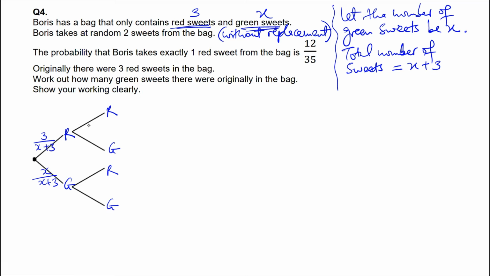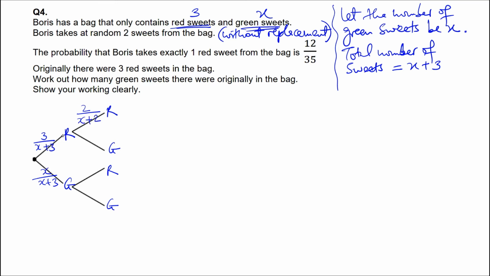The probability of the second one being red, given that the first one was red, remember this is without replacement, will be 2 over x plus 2, because the number of reds has reduced by 1 and the total number of sweets has also reduced by 1.